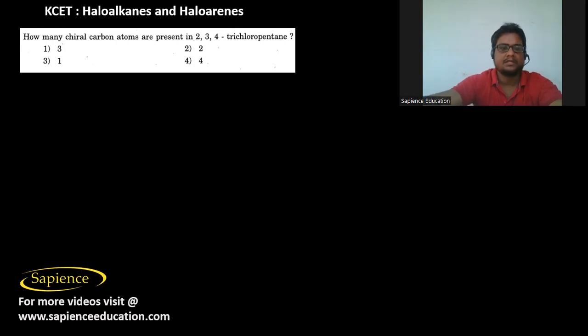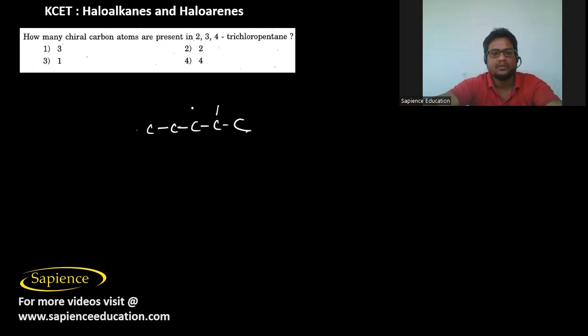Here it is said, how many chiral carbon atoms are present in 2,3,4-trichloropentane. So if we take pentane, and we have 2,3,4-trichloropentane, here we will have H, H, H, and here we have CH3, CH3.